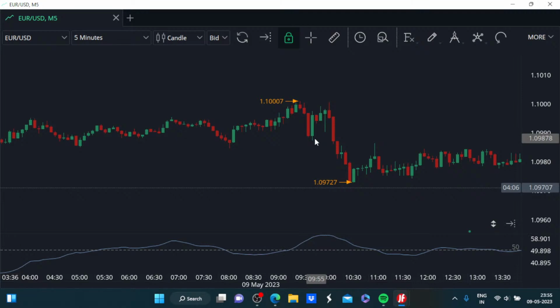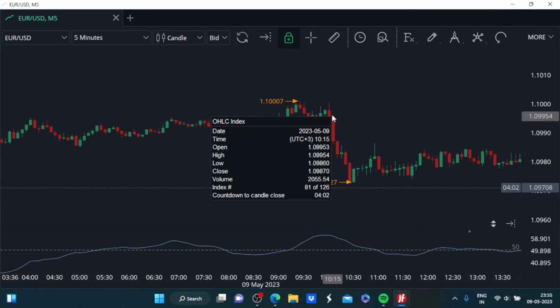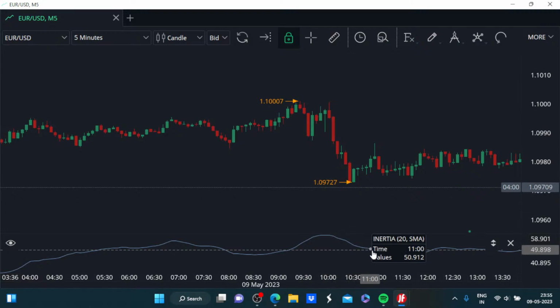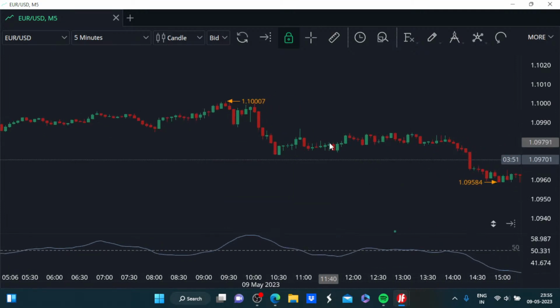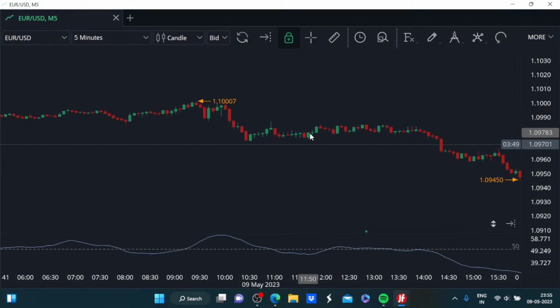But in no time, the price action changed course to decline. By the time the inertia indicator gave us the signal by dropping below 50, it would have been too late, as we saw the price action going sideways and then again the inertia crossing above 50 in due course of time.